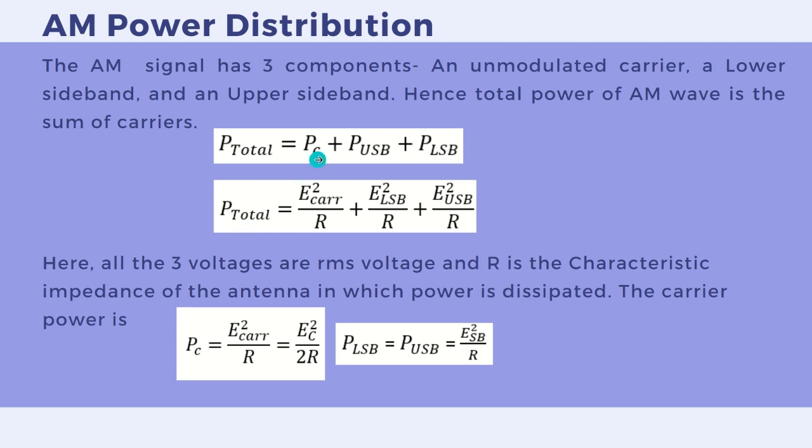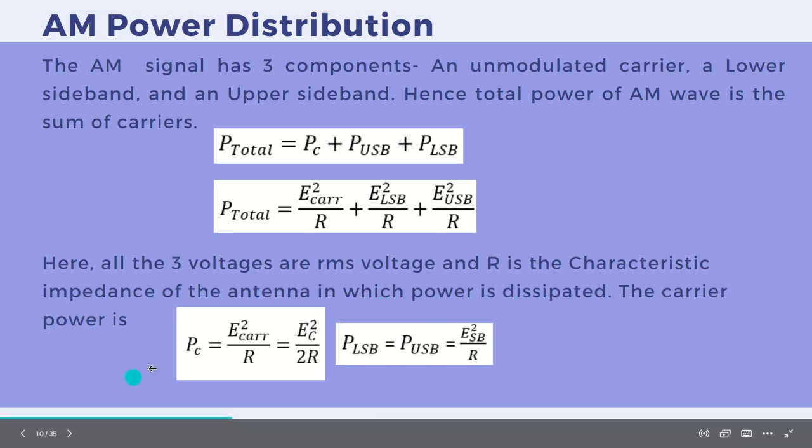P is equal to E square by R. So E square carrier by R plus E square LSB by R plus E square USB by R. Here all the three voltages are RMS voltages, and R is the characteristic impedance of the antenna in which the power is dissipated.